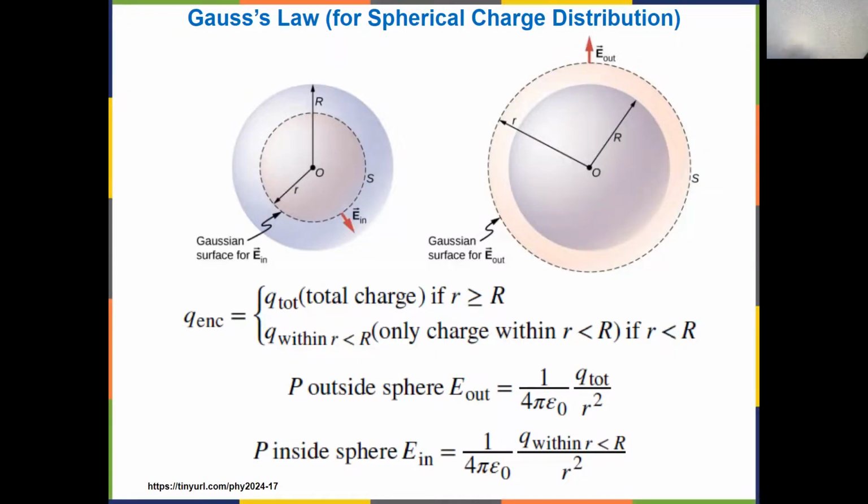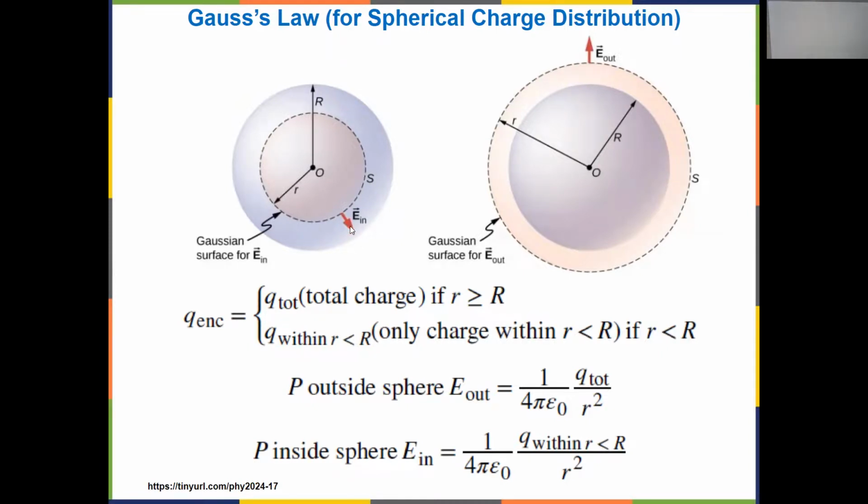We can write flux in two ways. The first is calculating flux by definition, so E times A times cosine theta. Now, for a volume distribution, starting from the center of the volume, you can expect the electric field to go outward.